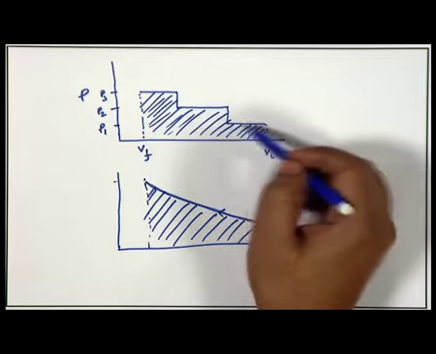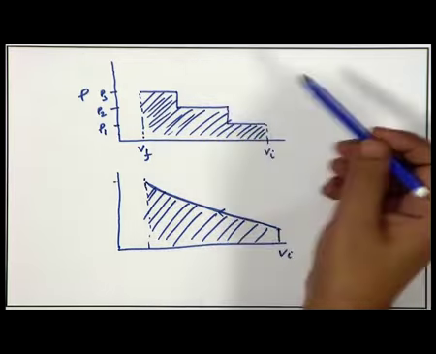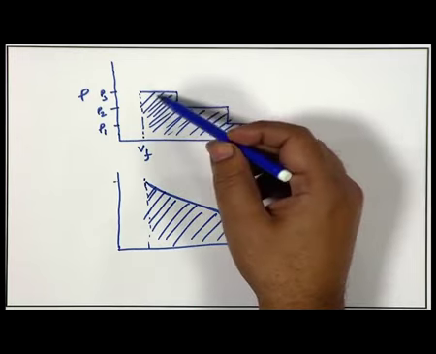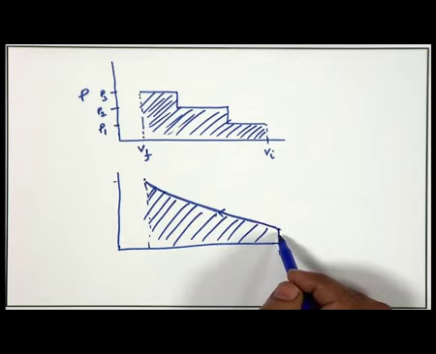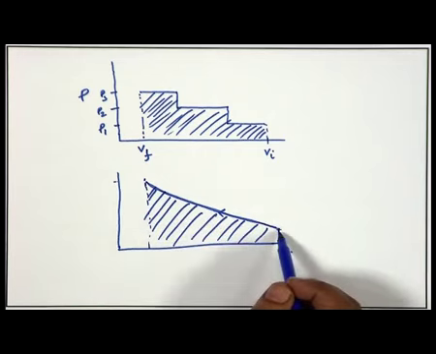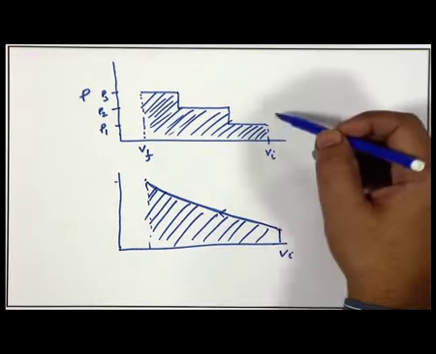So here we are doing it in multiple steps. In the last page we had shown one step, in this case we are talking about 3 steps, and in this case we are talking about an infinite number of steps, where we are doing continuous changes in pressure and volume.